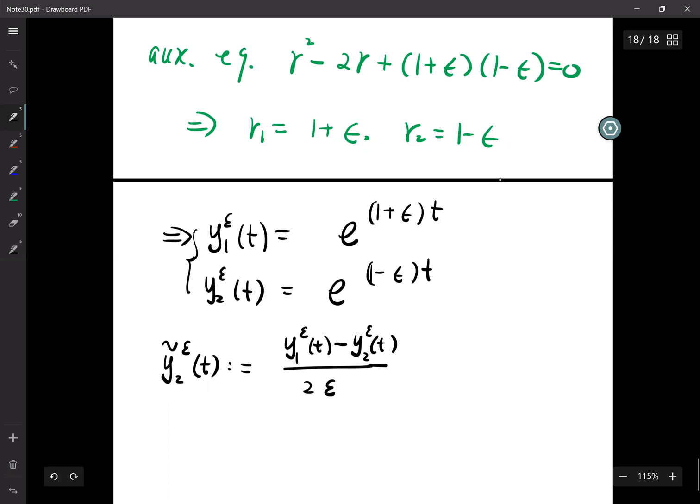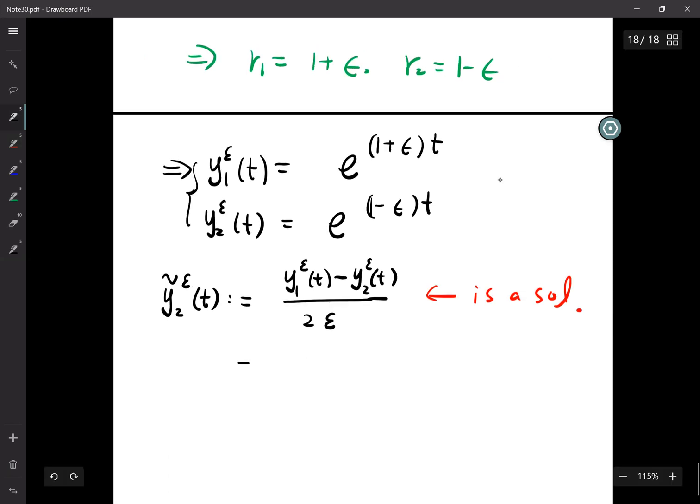I subtract these two, it's still a solution. I divide by an arbitrary number, it's still a solution. This is a solution. Any question?